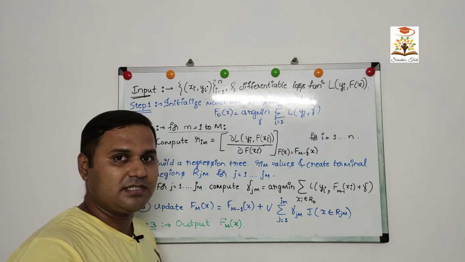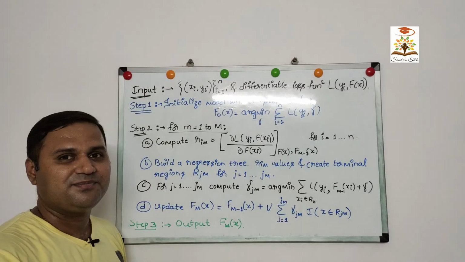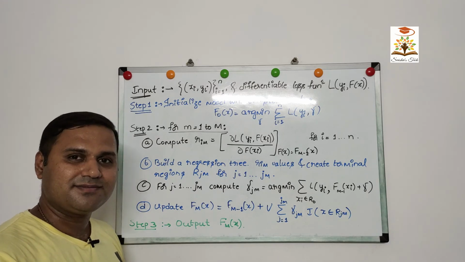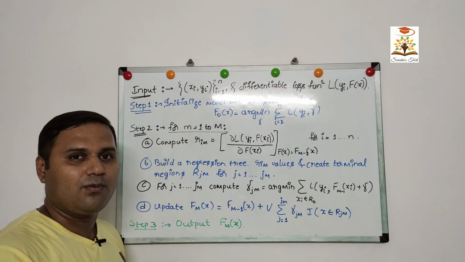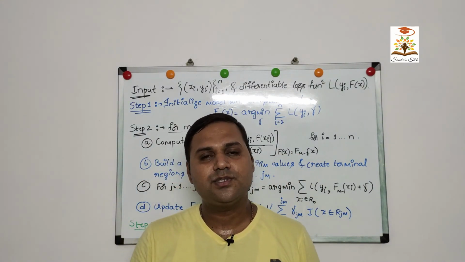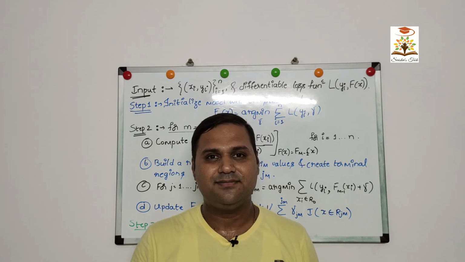We iterate this process for all the models and lastly provide the output of the predicted models. This is how the mathematical representation of gradient boost algorithm for classification model is represented.